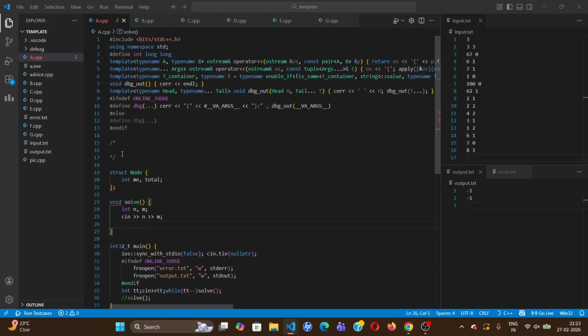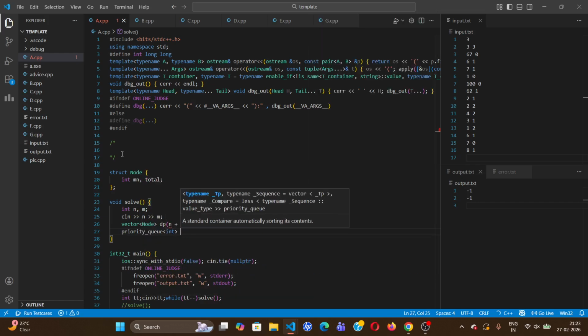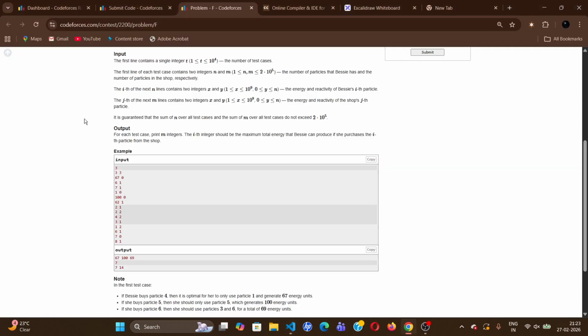Now less than equals to n. Yeah, perfect. Now we will check on left to right. Okay, so let's sort them by this number in reverse order.